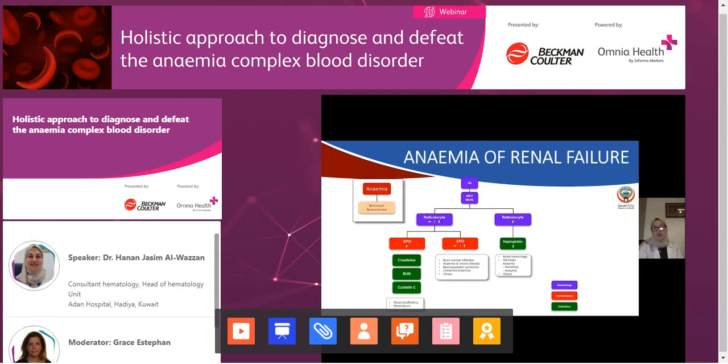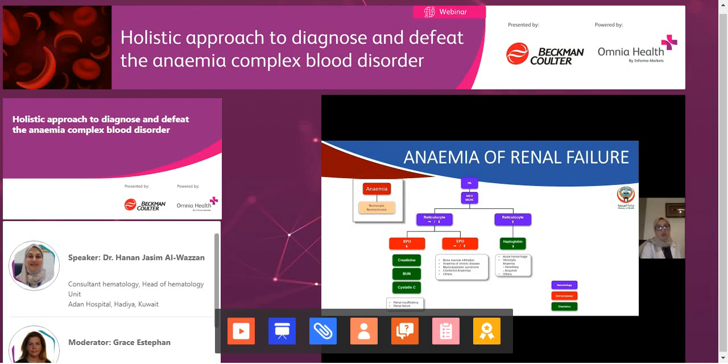So in anemia of renal impairment, usually we have normocytic normochromic anemia. It could be macrocytic anemia. With any normocytic normochromic anemia, you have to evaluate reticulocytes. If the reticulocyte count is high, you rule out hemolytic anemia. If the reticulocyte count is normal or reduced, it could be anemia of chronic inflammation or anemia of renal impairment.